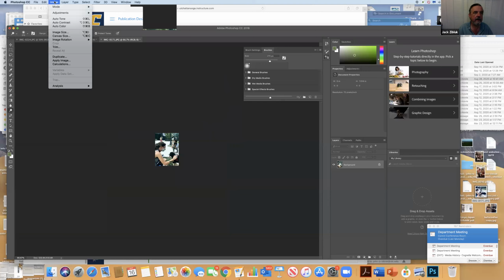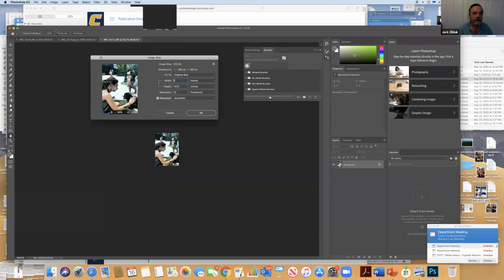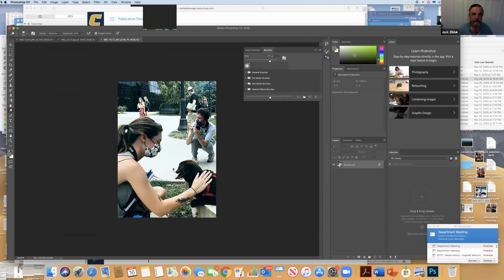And then image size, same picture, 300. And we have the two different versions, the print version and the internet version, and we're done. So that's what I'd like to see for this assignment.